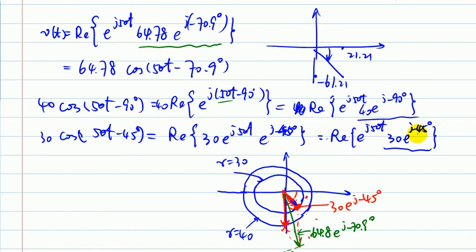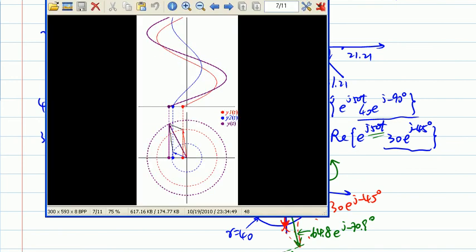Now imagine once t starts to change, these vectors will start to rotate, and the direction of rotation is counterclockwise. Essentially this is what I give you on the WebCT.